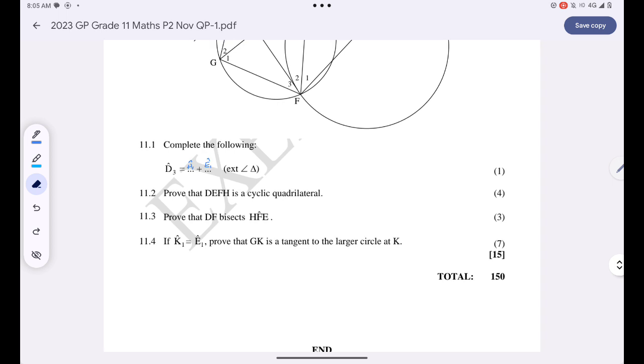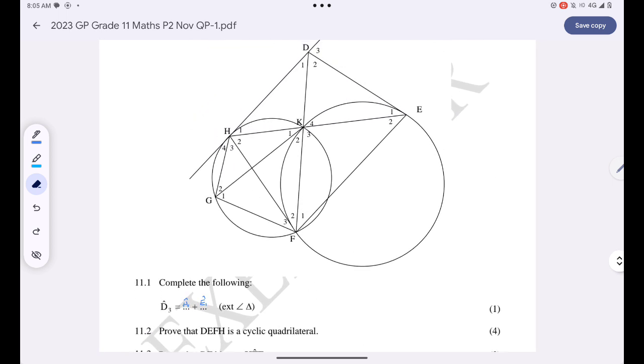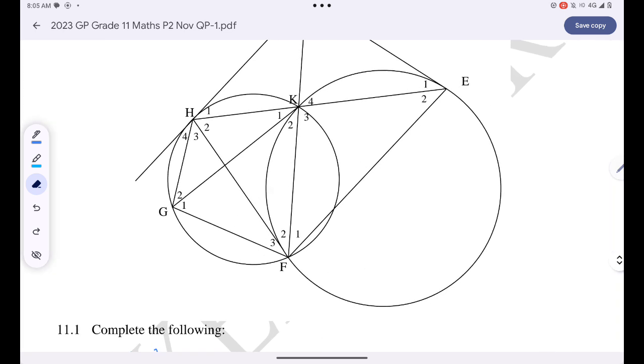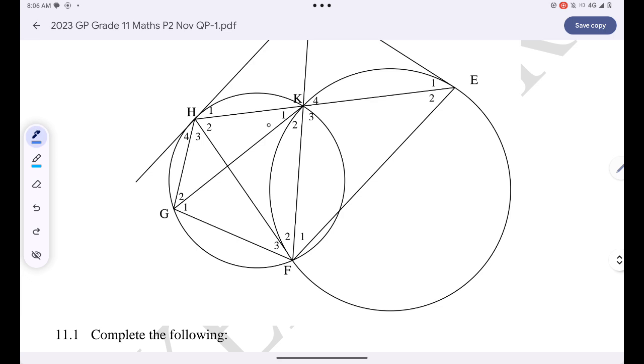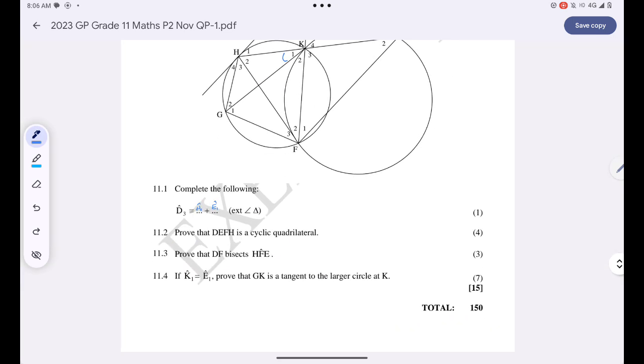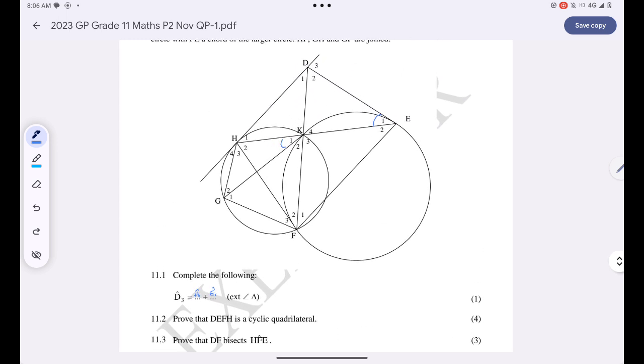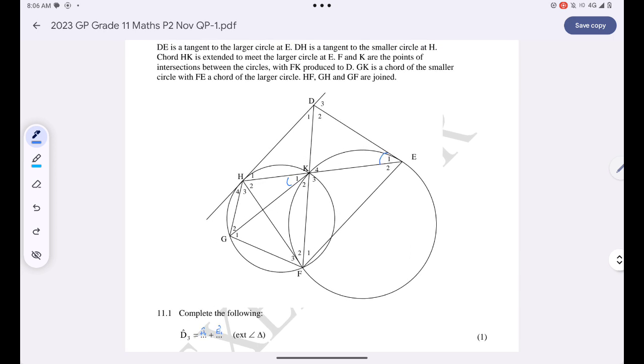Okay, if K1 is equal to E1, where is K1 here? Okay, if K1 is equal to E1, prove that GK is a tangent to the larger circle at K. GK is the tangent to the larger circle at K. Basically, we are required to show that K2 is equal to E2.